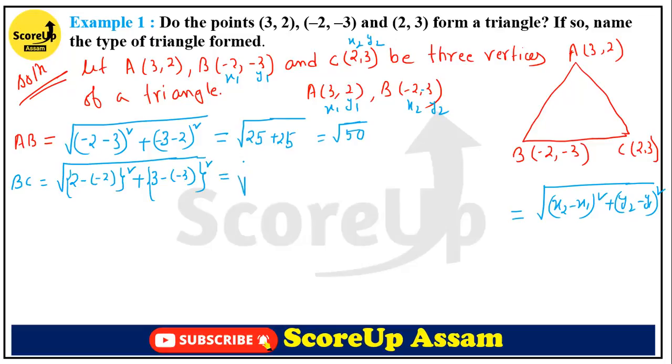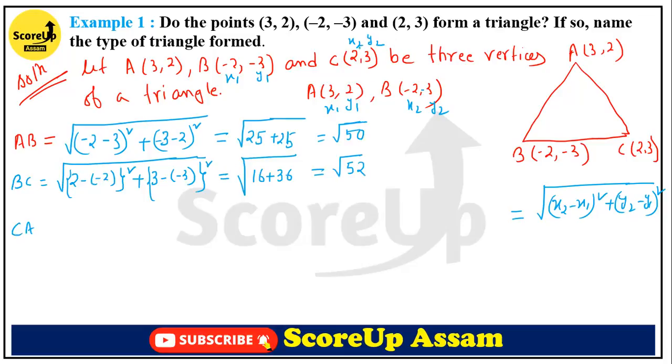Ultimately it will be minus 2 minus 4, that means minus 6, whose square is 36. Minus 2 minus 2 is minus 4, so 4 square means 16, plus 36. So ultimately it will be root over 52. Now see CA.